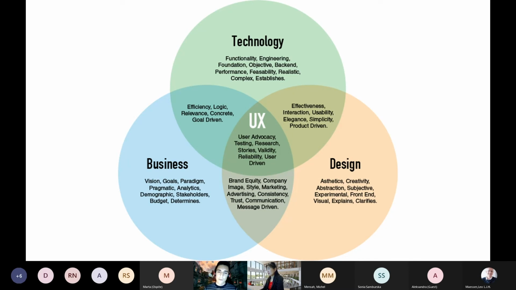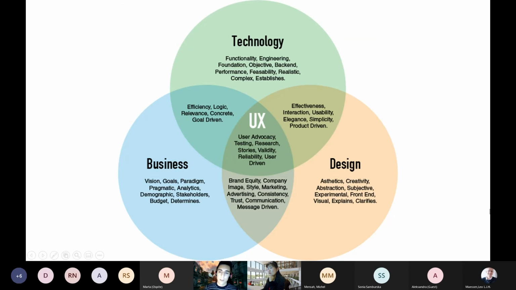So user experience is part of the media design field. It is a combination of business, technology, and design. Technology includes programming, business includes the things that I wanted to do, and design includes creativity.